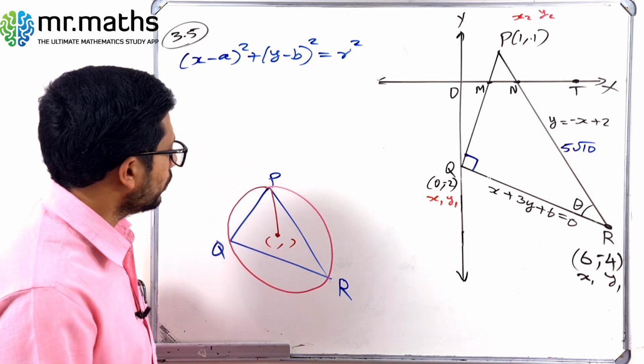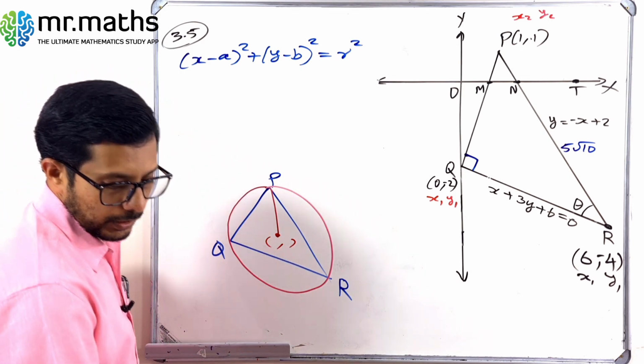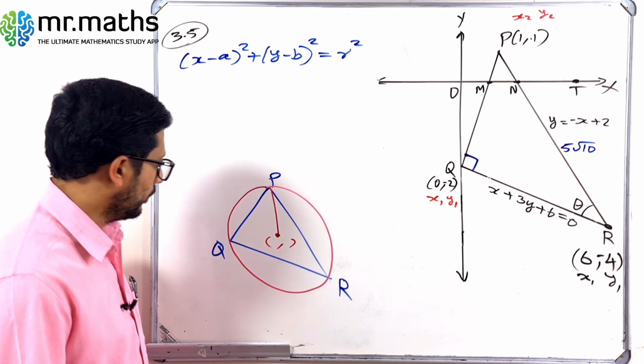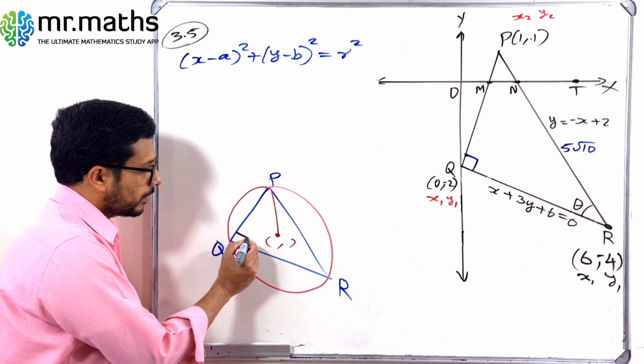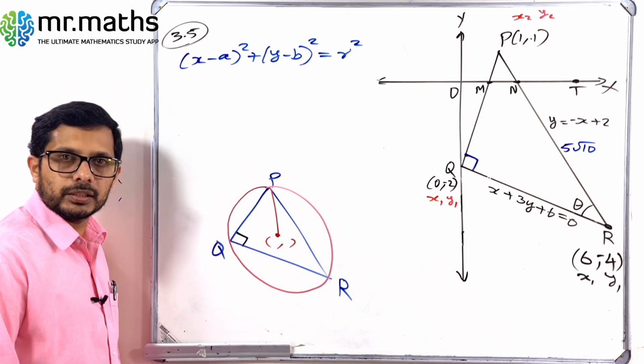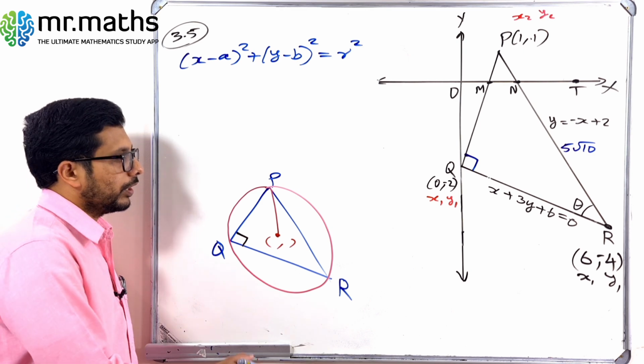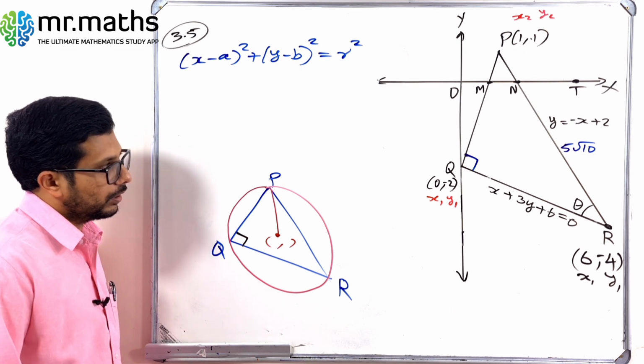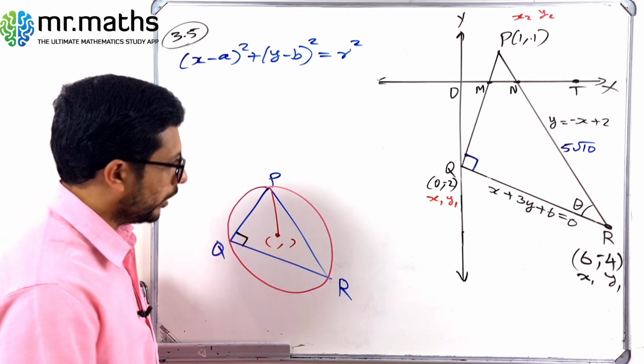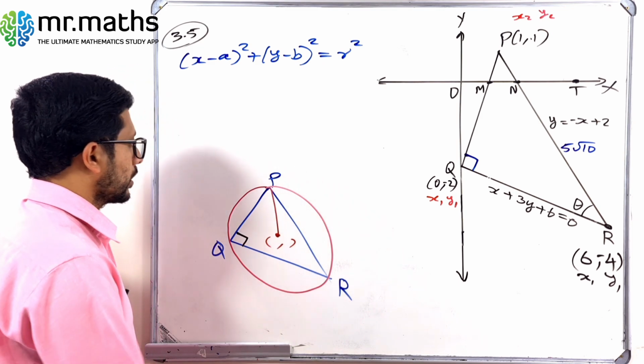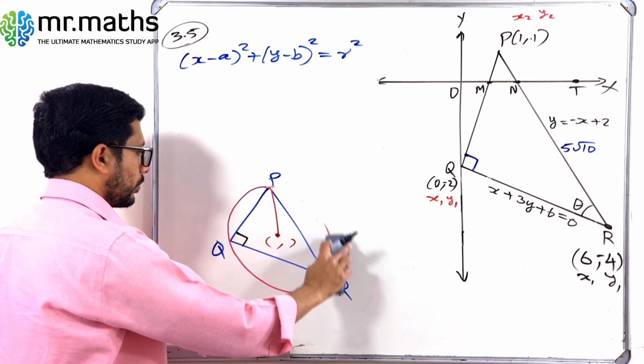Now for that, is it not that we already proved that this angle is 90 degrees? Am I right? So what is the meaning of that one? Here there is a problem in my drawing, but try to understand.